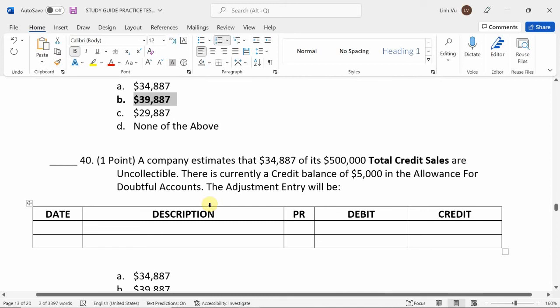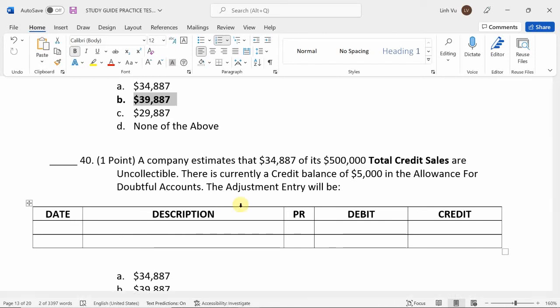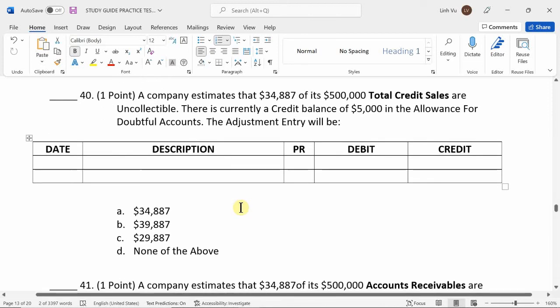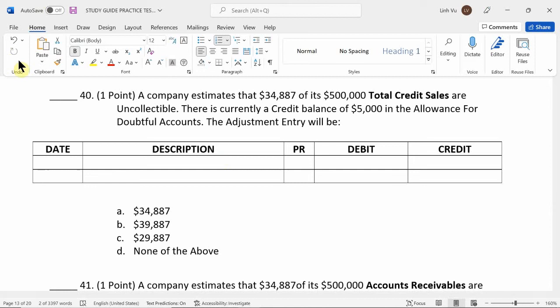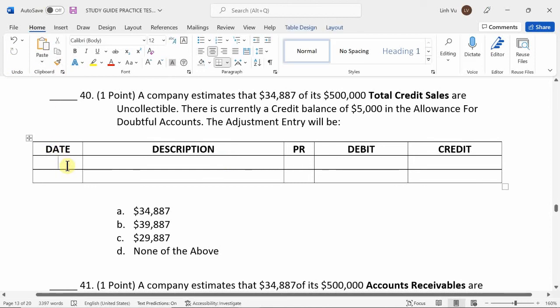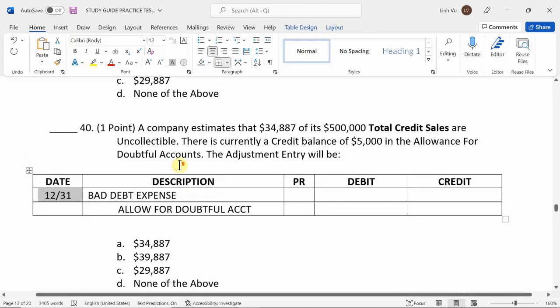Number 40. Okay. If a company estimates that 34,887 out of 500,000 total credit sales is to be uncollectible, and there currently is a credit balance of $5,000 in the allowance for doubtful accounts, the adjustment entry will be. Take it away, May. Or Ibra.